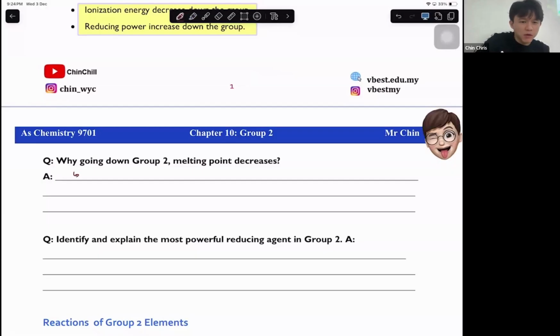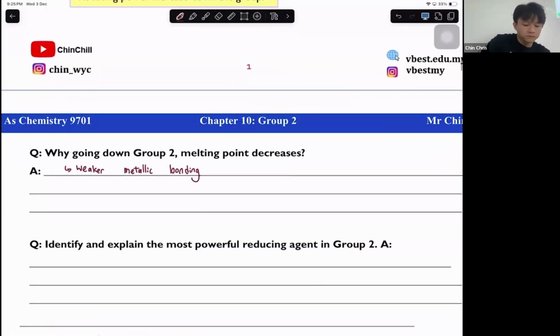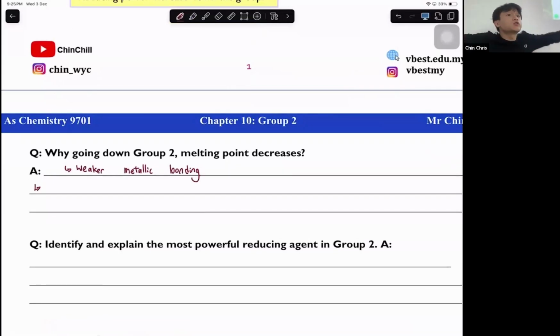Okay, first point, weaker metallic bonding. But guys, why? Because as it goes down, what happened to the atomic radius? Shielding effect. Well done. What else?